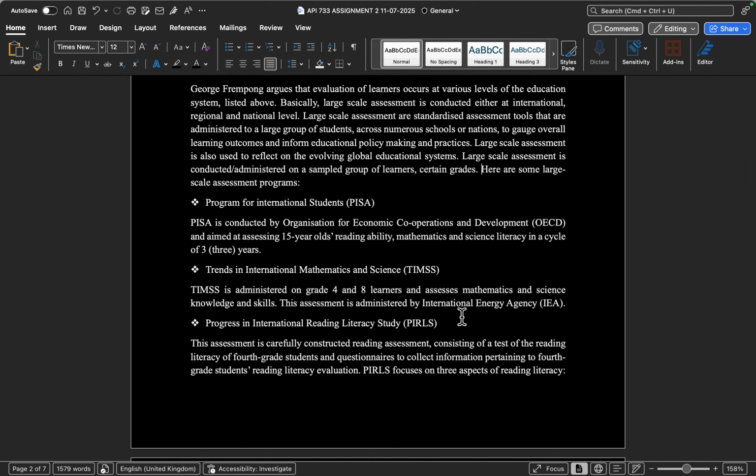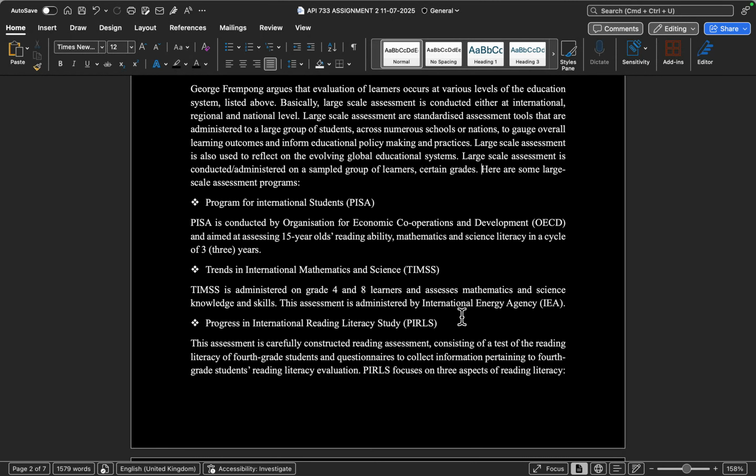So basically, PISA is administered by the OECD, but it is aimed at assessing 15-year-olds to check their reading ability and mathematics skills, as well as literacy, in a 3-year cycle. So it happens every 3 years. That is the first one.